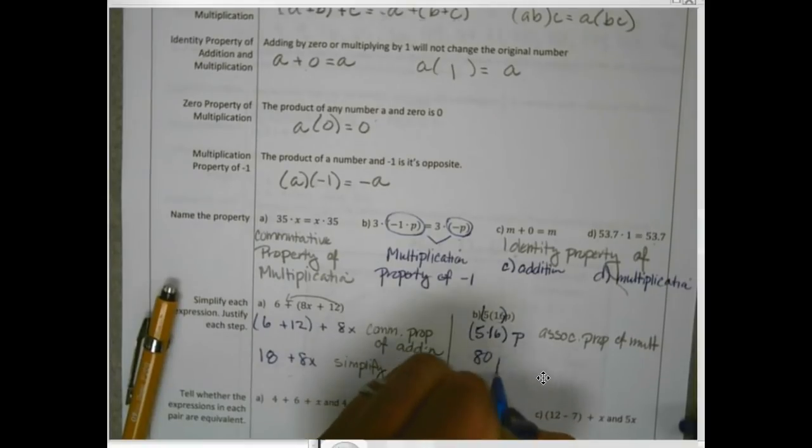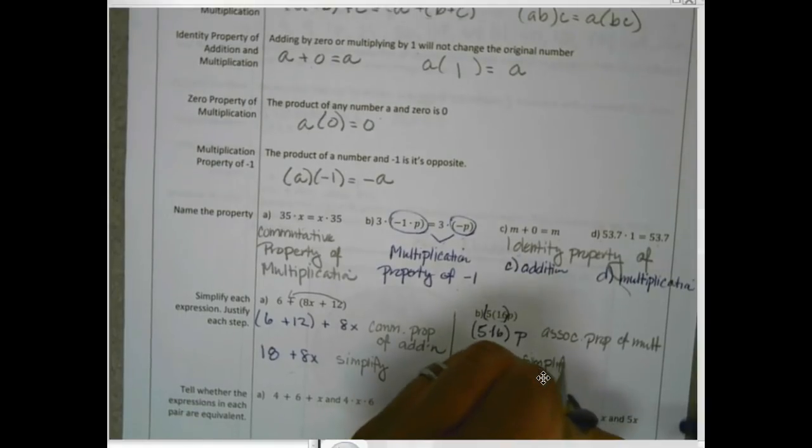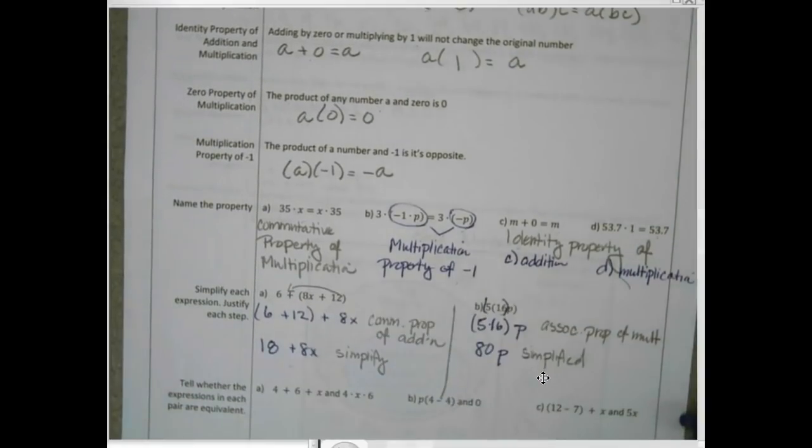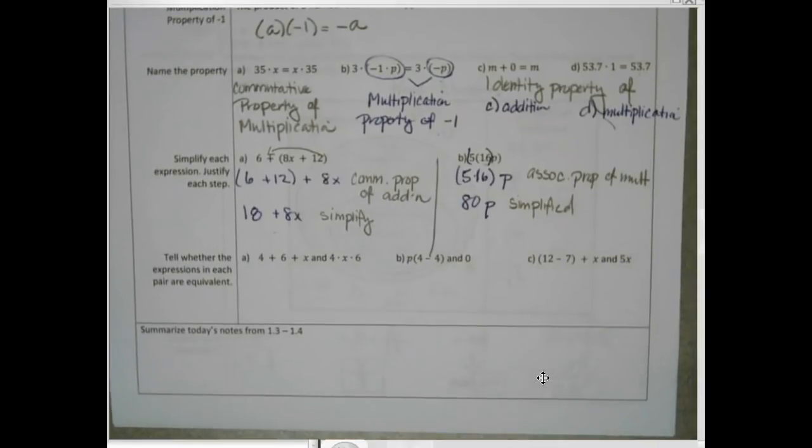And then what do I get? 80. How did I get it? I just simplified. That's all. I do want you to really kind of start justifying, just because I think it'll be helpful when you start thinking about geometry for next year and whatnot. Let's start early.